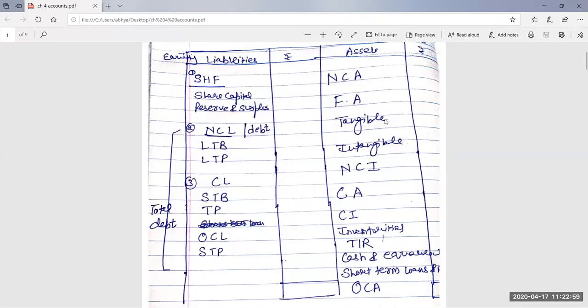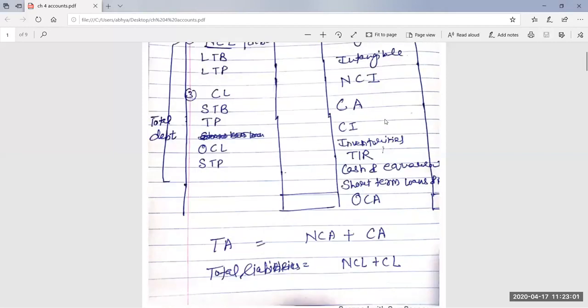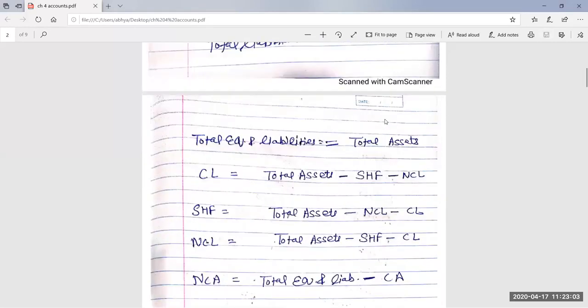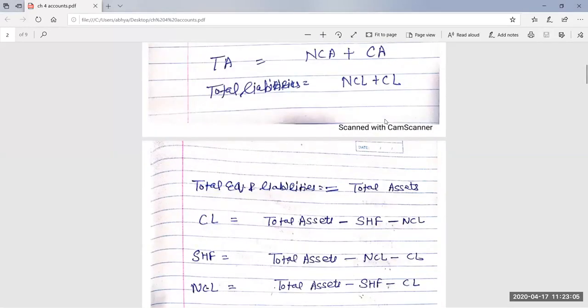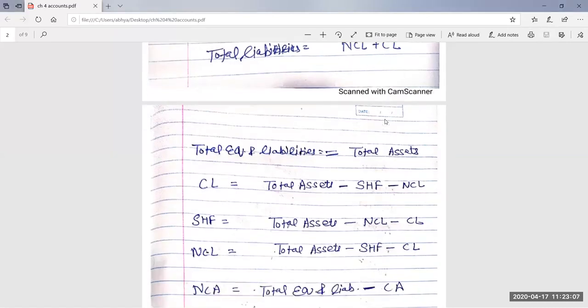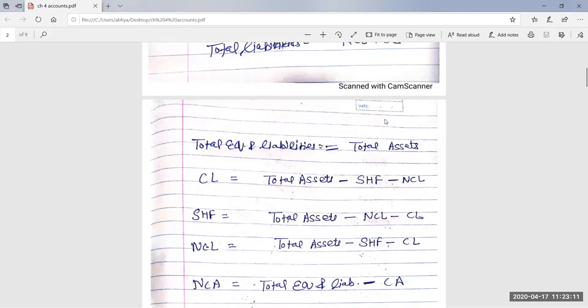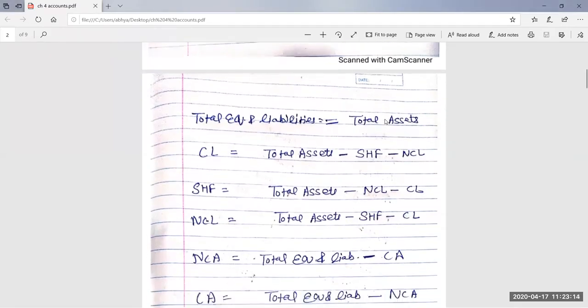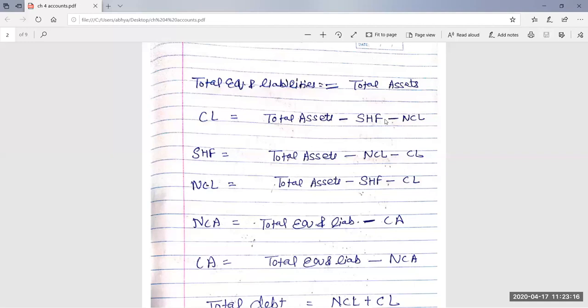Okay. So similarly, you can make the other formulas. My purpose here is just to tell you that you need not cram the formulas. Just by this balance sheet, you will be able to make the formulas. So current liability will be equal to total assets minus shareholder funds minus non-current liability.